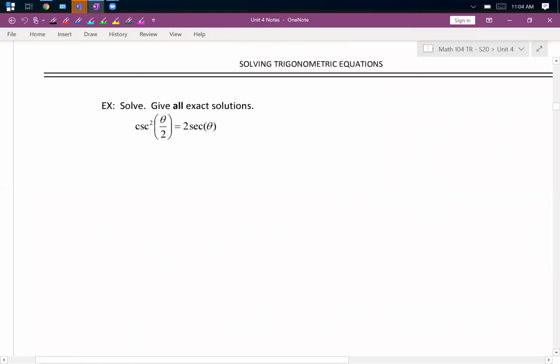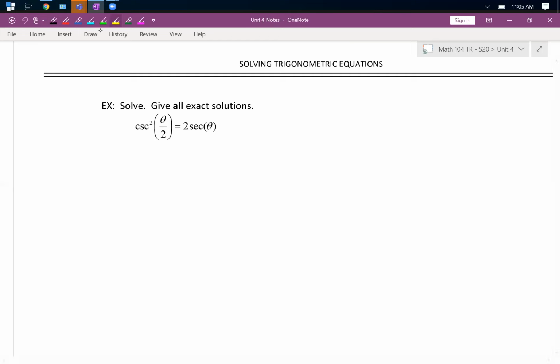We know that there is an infinite number of coterminal angles that represent the same angle. When the directions are to give all exact solutions, exact tells us that we're in radians, but to get all the solutions, we need to account for every angle coterminal to the answer that we have.